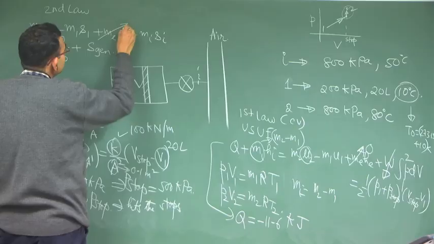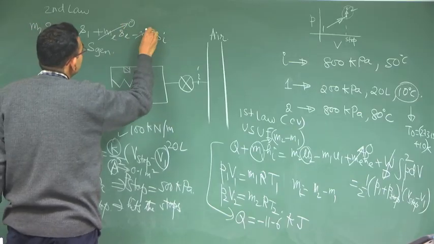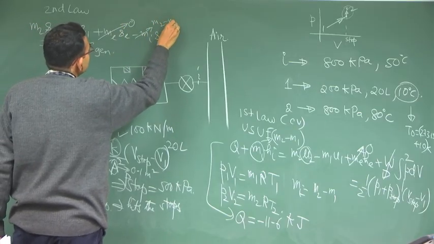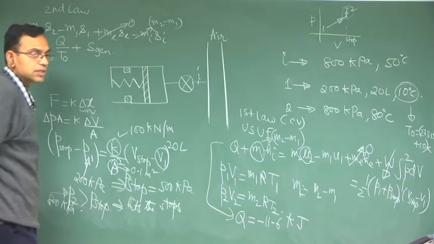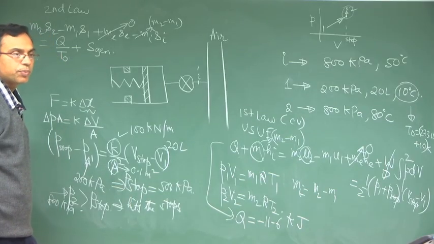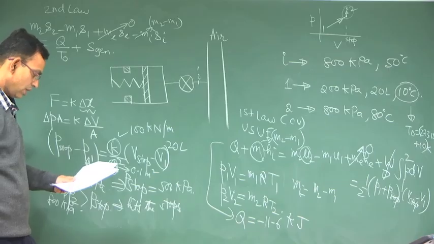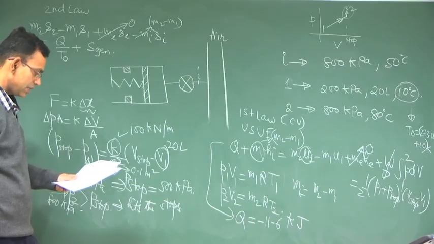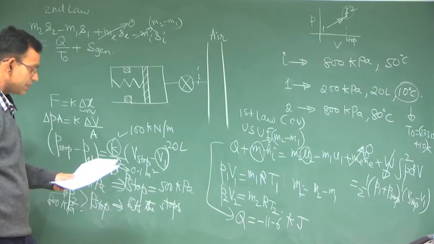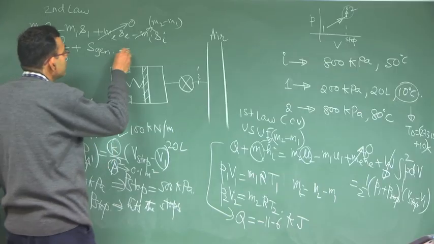There is no exit, other values Mi is M2 minus M1, and you can use the change in entropy formula for ideal gas. So, if you do all this you will get entropy generation as 0.063 kilojoule per Kelvin.